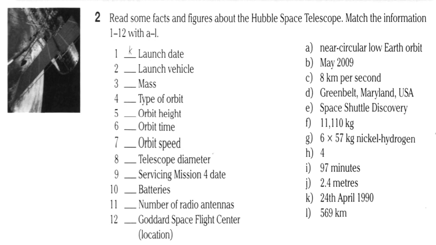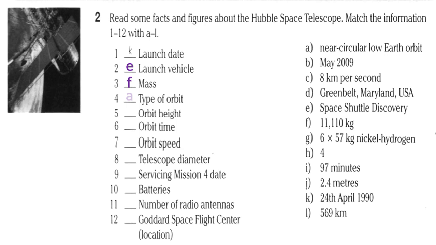Number 1, launch date, it's K. 24th of April 1990. Launch vehicle, which answer will you choose? Good, it's E. Space Shuttle Discovery. 3, F. I'm talking about how much it weighs.